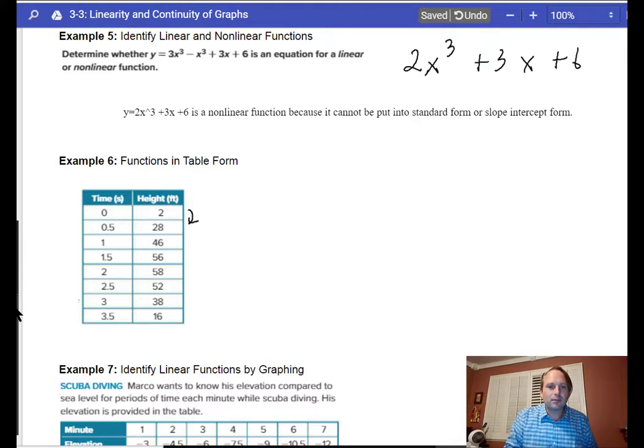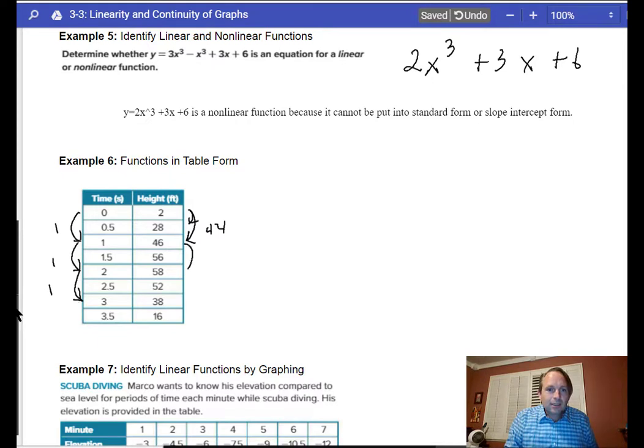From 0 to 1 is 44. That's 1, that's 1, that's 1. So if I go 1 for the time, then the height should always be 44 if it has the same slope. Now it might not. Let's see.